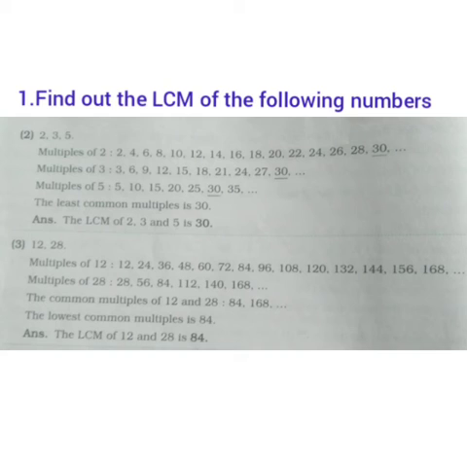Multiples of 3: 3, 6, 9, 12, 15, 18, 21, 24, 27, 30, and so on. Multiples of 5: 5, 10, 15, 20, 25, 30, 35. The least common multiple is 30. Therefore, the LCM of 2, 3, and 5 is 30.